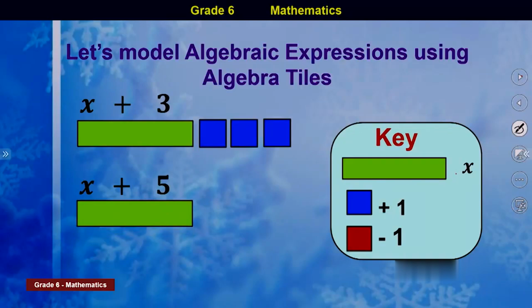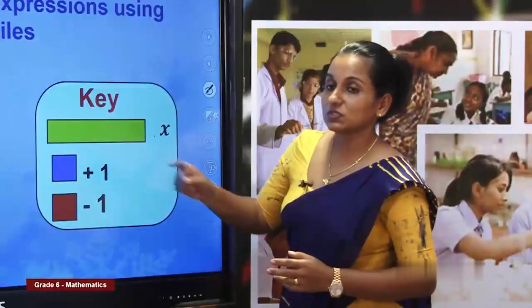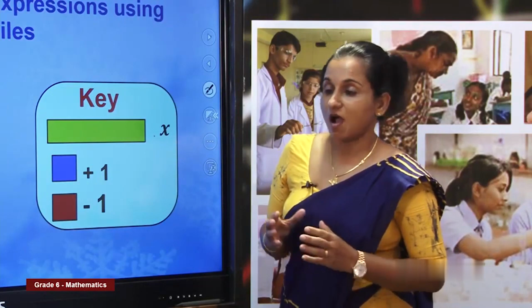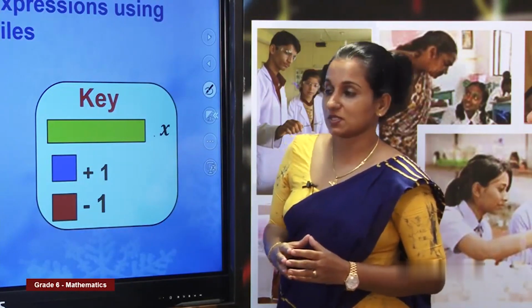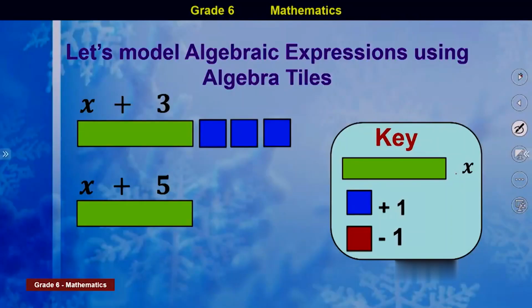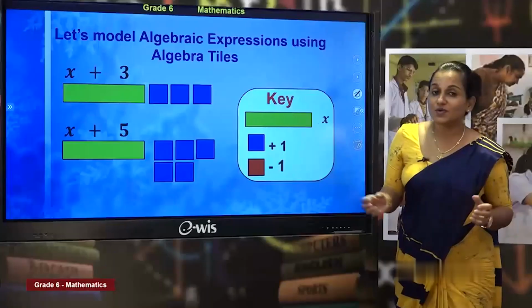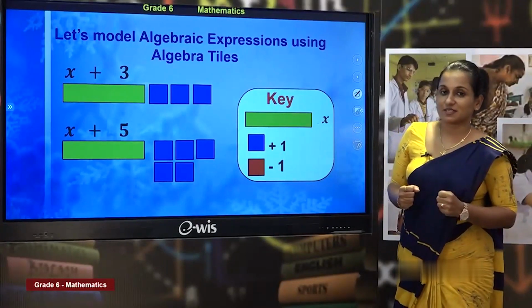Then for +5, I can use blue squares to represent +5. How many squares should I use? I have to use 1, 2, 3, 4, 5 blue squares. I hope you got the idea of this.